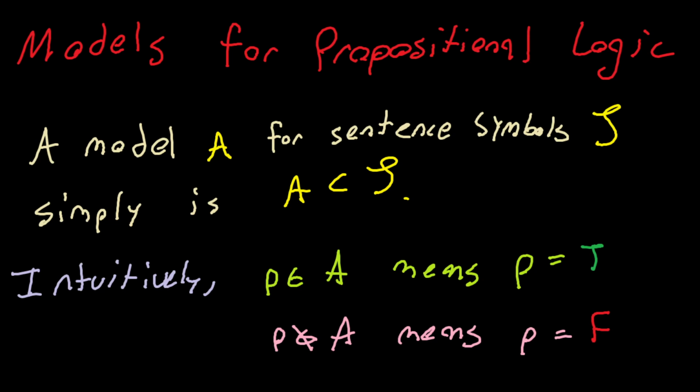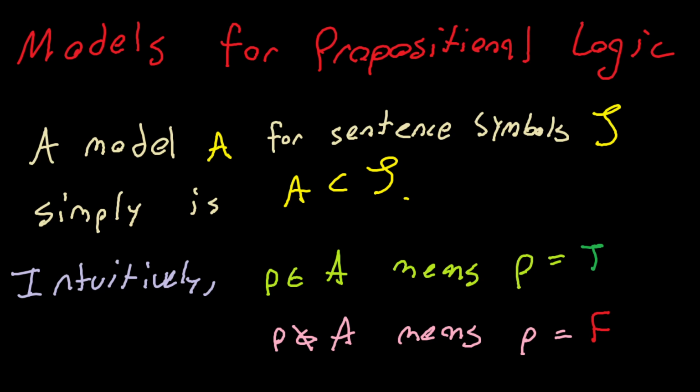So basically, what a model is for propositional logic is I'll tell you which variables are true. Here's the variables that are true. These are the ones that are true, and the ones that aren't here are the ones that are false.